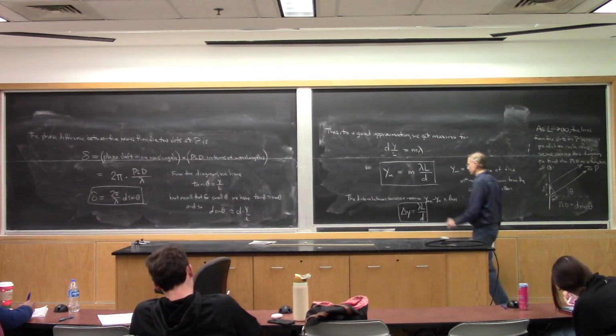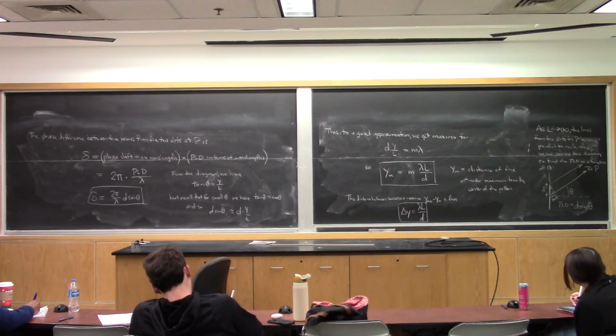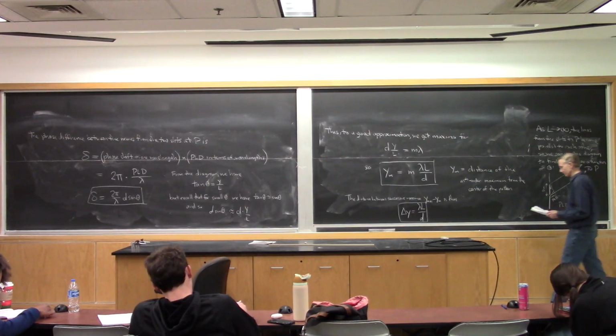That's typically what you use to figure out what the wavelength is, for example. Just measure how far apart the maxima are from one another and plug into that formula after solving for lambda.